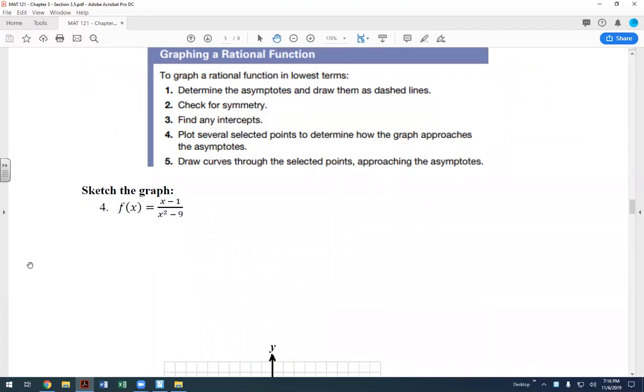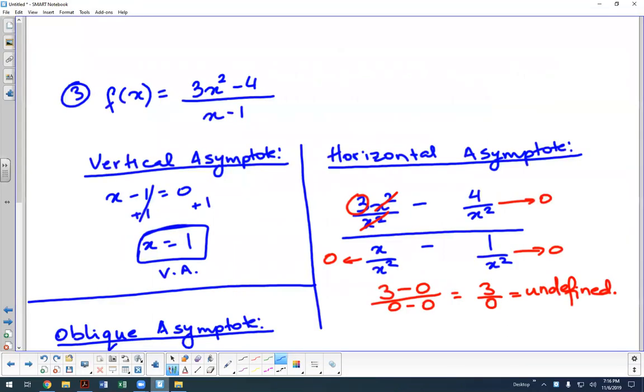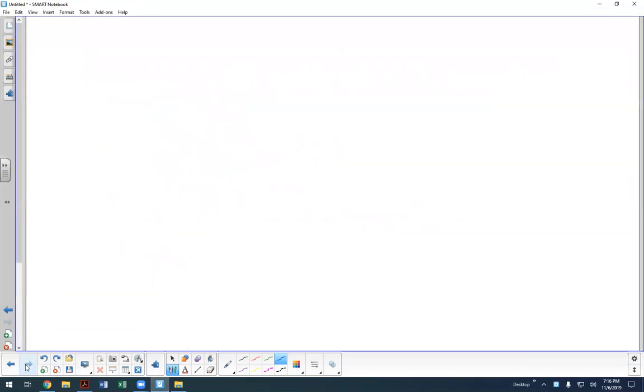So we're actually going back to that first example we did, x minus 1 over x squared minus 9. We have a lot of that information already on hand. We know what the asymptotes are going to be for this function. This is number 4. So if you go back and look at your examples, where was the vertical asymptote for this function?